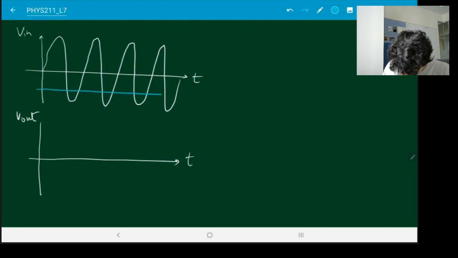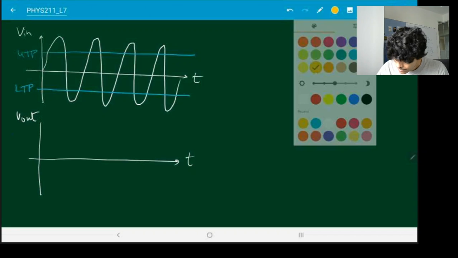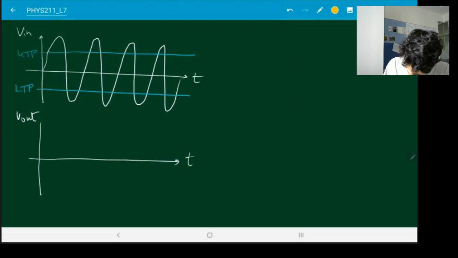So this is your lower trip point. This is your upper trip point. And now, every time when you're increasing, it will trip at the UTP.